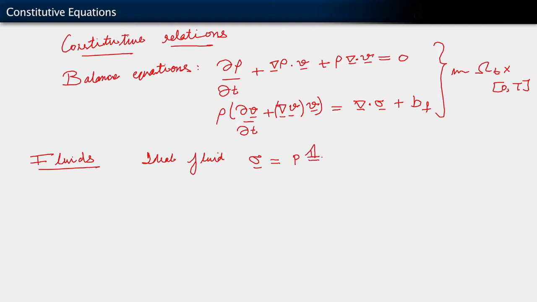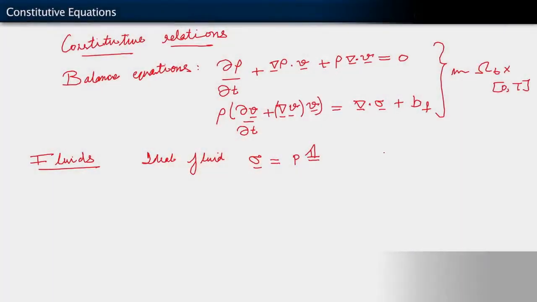Should be obvious why we call this an ideal fluid. When you study an ideal gas in the context of thermodynamics, we think of an ideal gas as something that only bears pressure, and indeed the P is the pressure.